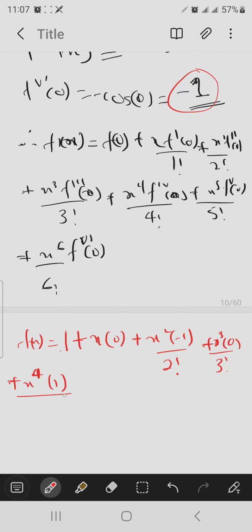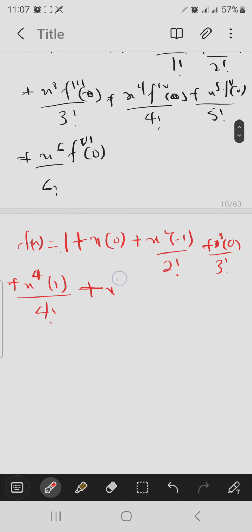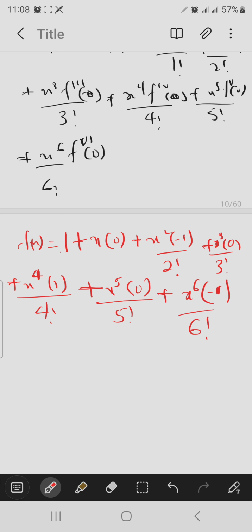We have 1 over 4 factorial, plus x to the 5, the fifth derivative of 0 will be 0 over 5 factorial, plus x to the 6 into bracket minus 1 all over 6 factorial. I hope you understand how I do this.